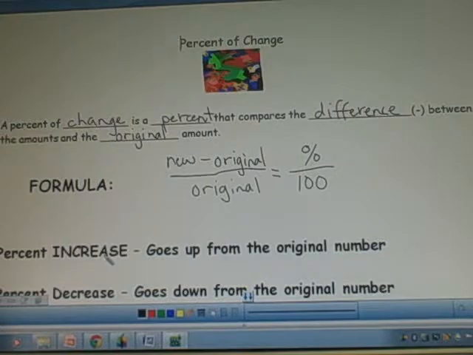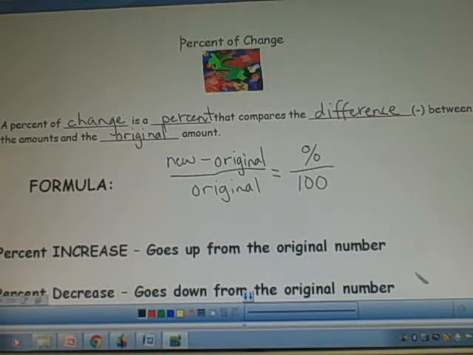A percent increase just means that you're going up from the original number. So let's say in a basketball game you made 20 points, and in the next game you made 30 points. We would find a percent increase because your score increased. A percent decrease goes down from the original number.